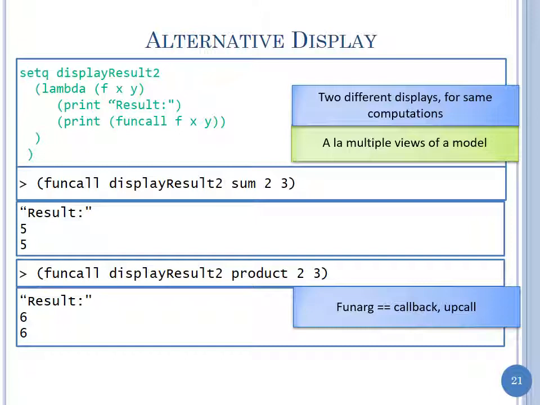So I used last time the term callback and upcall for a function parameter. And we kind of motivated callback at least. So why is a function parameter called a callback?